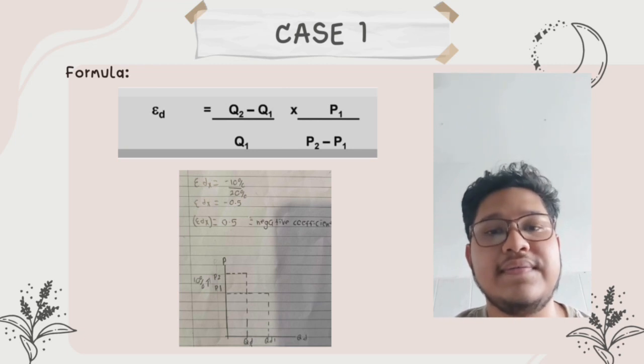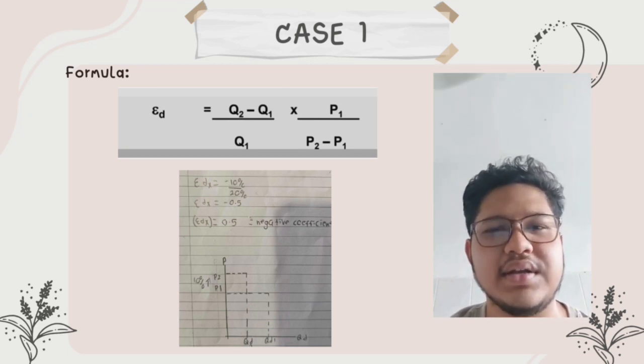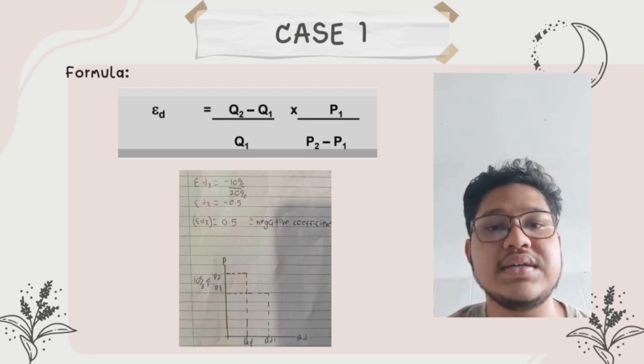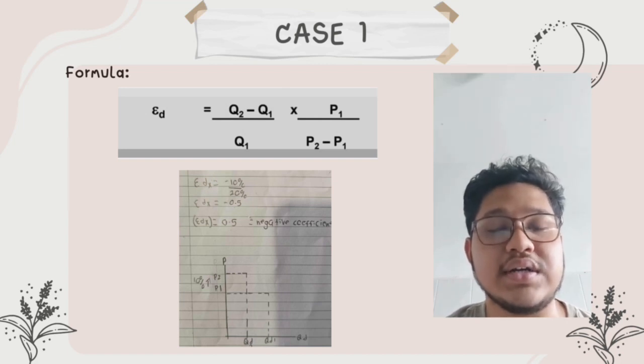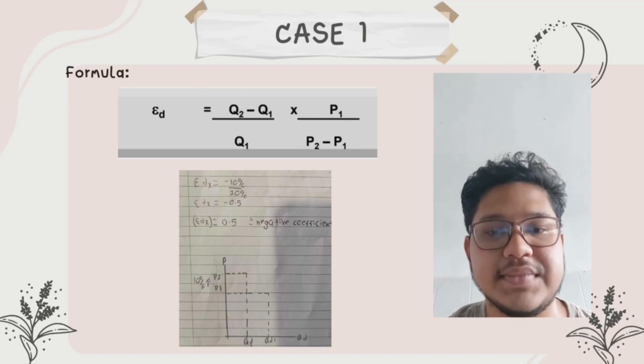The curve for this graph is the flattest slope of the demand curve. It is because the percentage change from price 1 to price 2 is smaller than the percentage change in quantity demanded from Q1 to Q2. That's all.